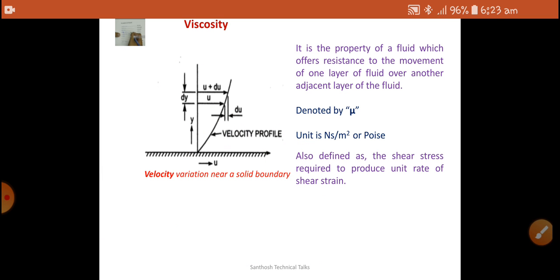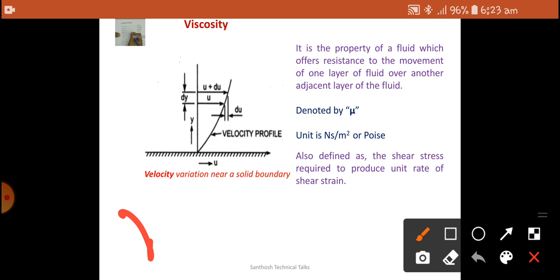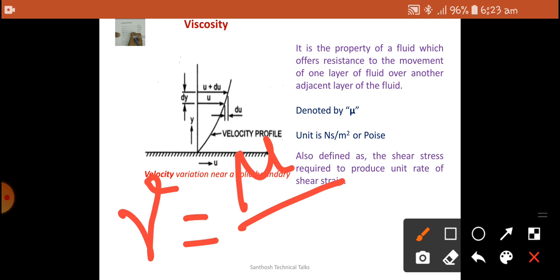If we know the term viscosity, we have to know the kinematic viscosity. The kinematic viscosity is denoted by nu, and it is nothing but viscosity divided by density.